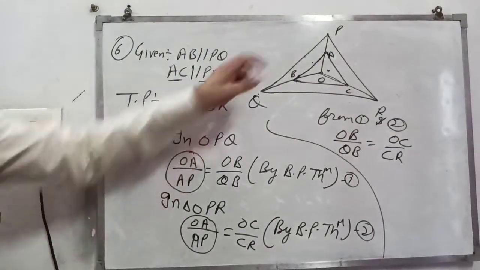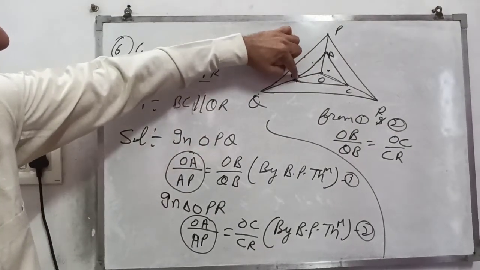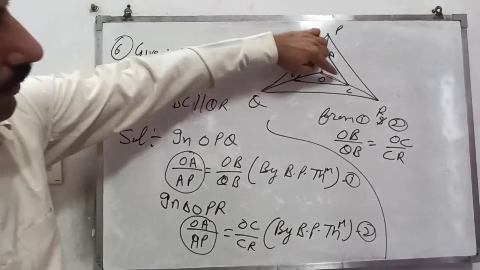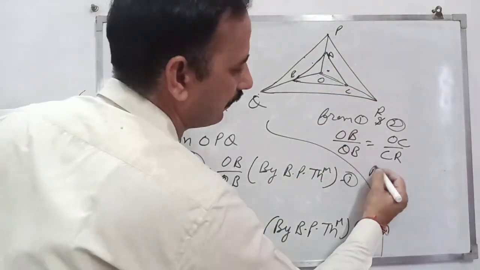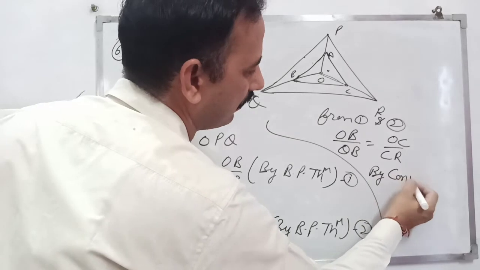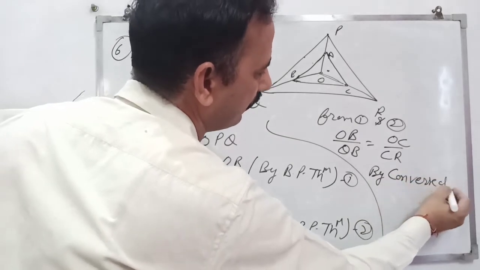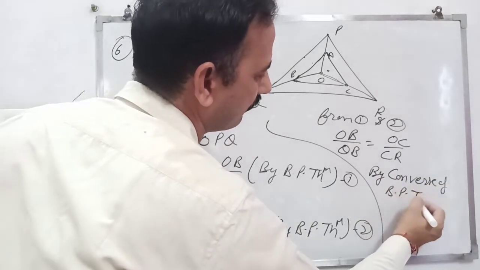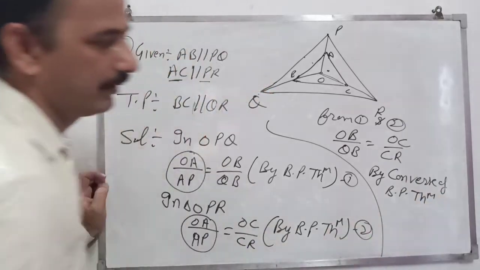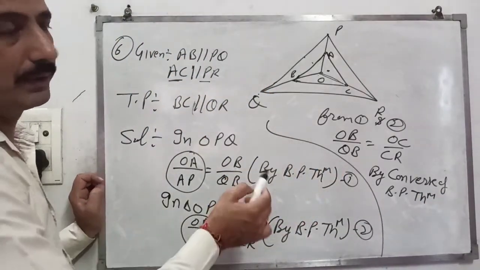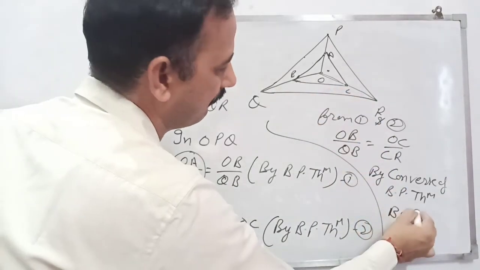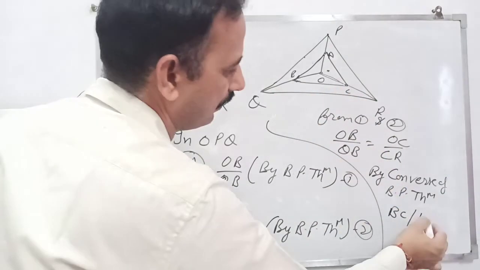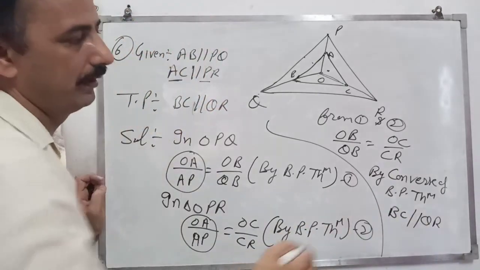When we check OB upon BQ and OC upon CR, by the converse of BPT theorem, if the ratio is equal, it means that side BC is parallel to QR, right?